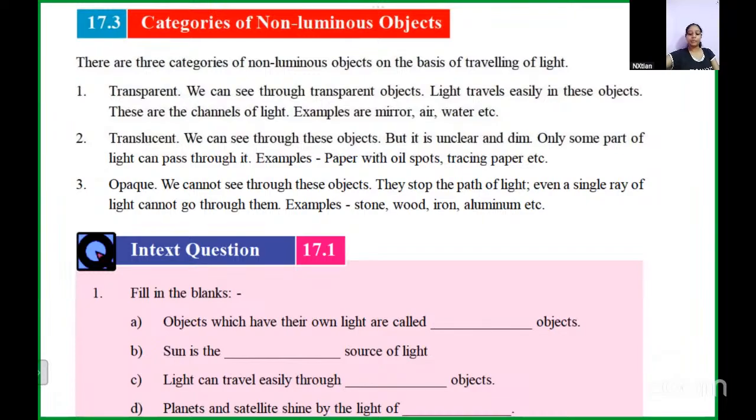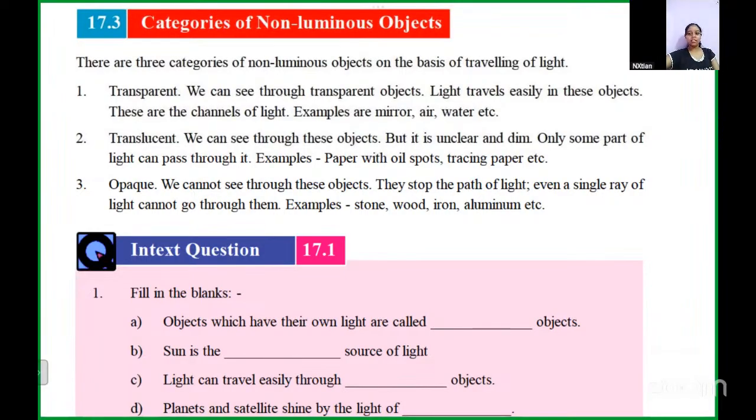Then we have opaque. We cannot see through these objects because opaque materials block the light that falls on them. They stop the path of light. Even a single ray of light cannot go through them. If I hold a wooden pane, I stand on this side, you stand on that side, we will not be able to see each other.